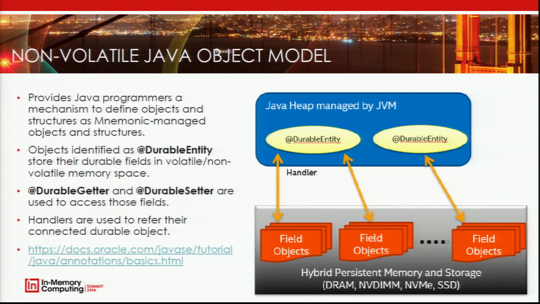And then the real data fields, which are heavy, large data structures, are stored inside the hybrid persistent memory storage. It can be battery-powered DRAM, it can be non-volatile memory somewhere, an NVMe device, or an SSD. It's all fine. So we can define those kinds of objects which store their data fields and data objects in here.